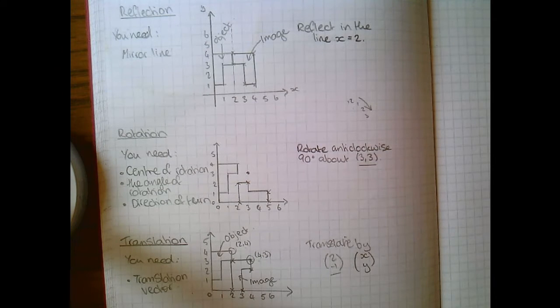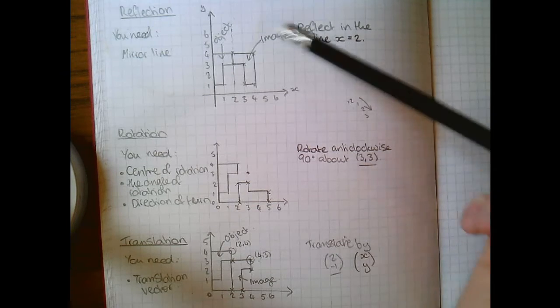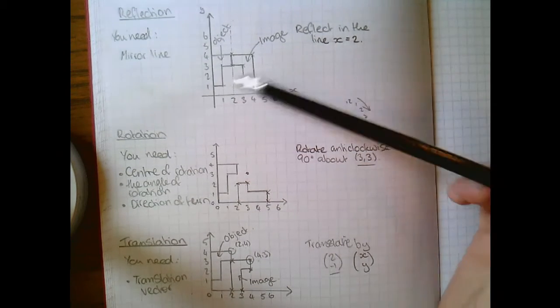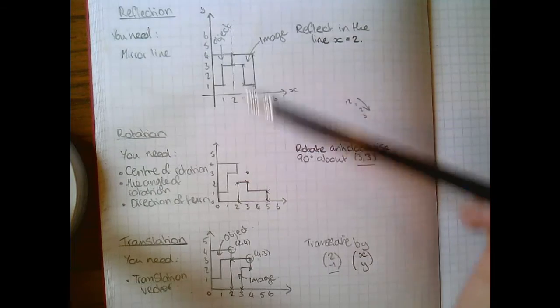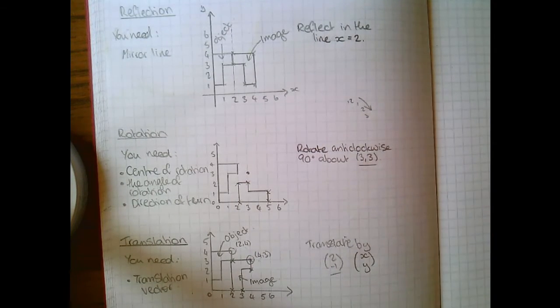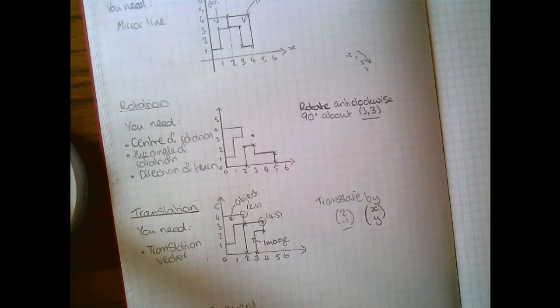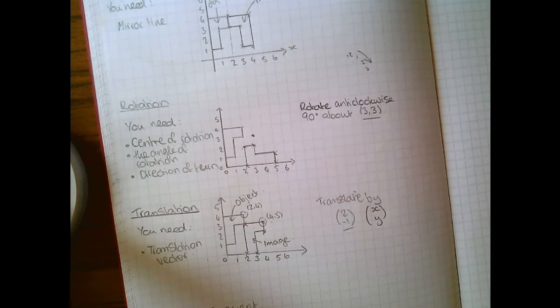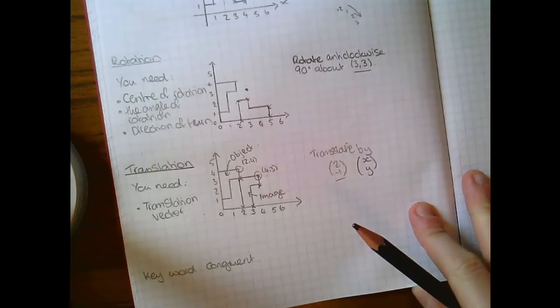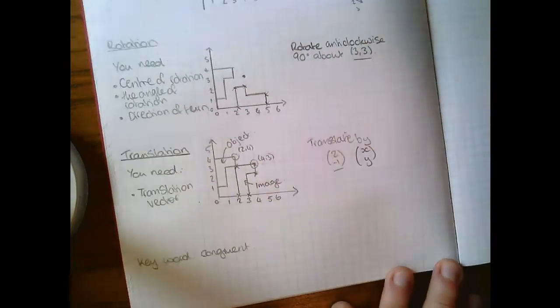So you should be able to see after all of these transformations that your image is the same shape as your object. It is just in a different orientation. This one's just inverted, so it's going the other way after the reflection. This one is just in a different orientation after your rotation. And then the translation is just moved into a different place. We call these types of shapes congruent.